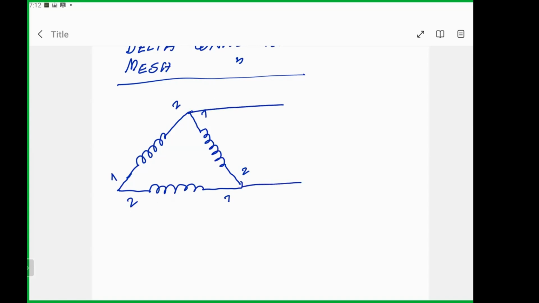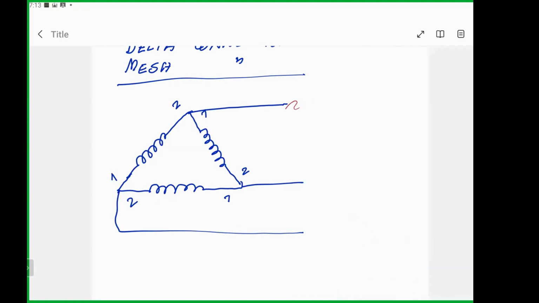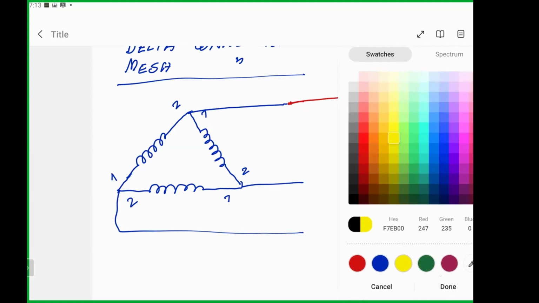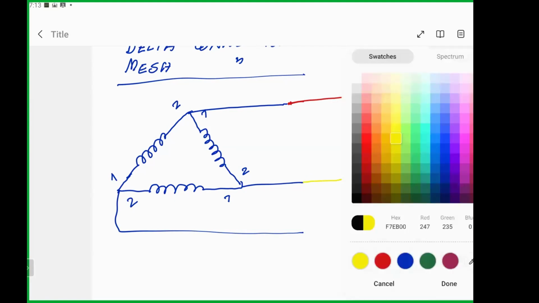So this, and this. So then it can be connected with the line. So we can consider this is my red, and then yellow, and blue.